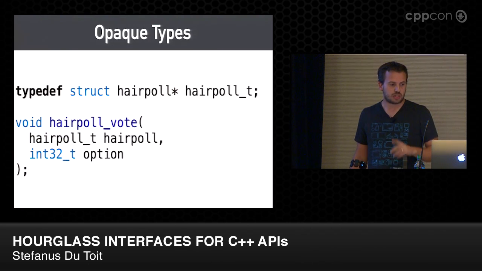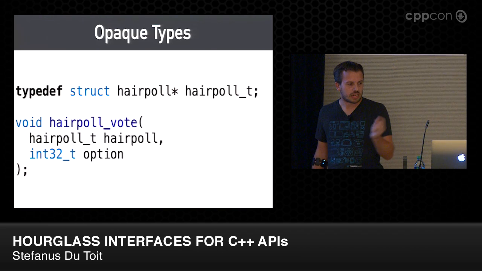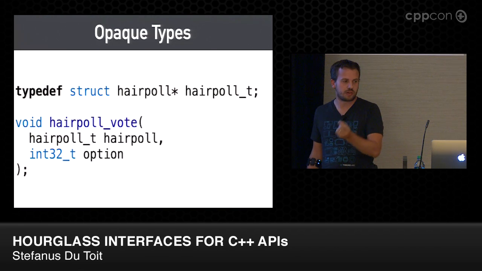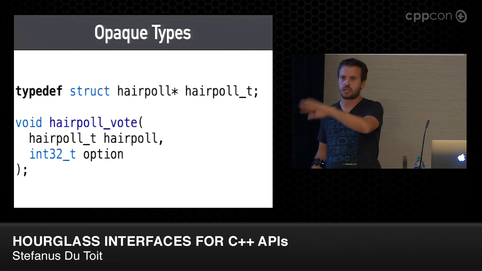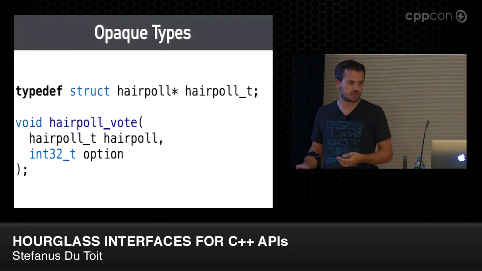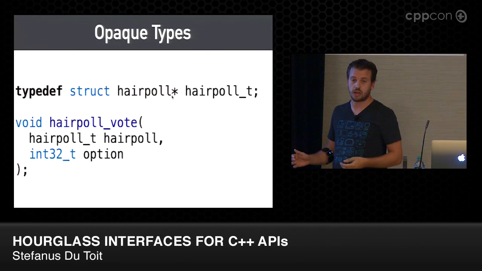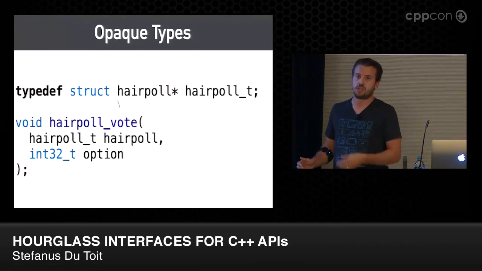Okay, so let's talk about opaque types. Like I said, we're going to see this pattern over and over again where we just typedef a mostly undeclared struct to one of these hairpole_t's, for example. Note that hairpole_t is a pointer, a pointer to one of these struct hairpools.